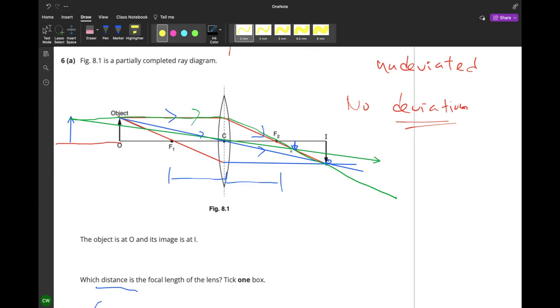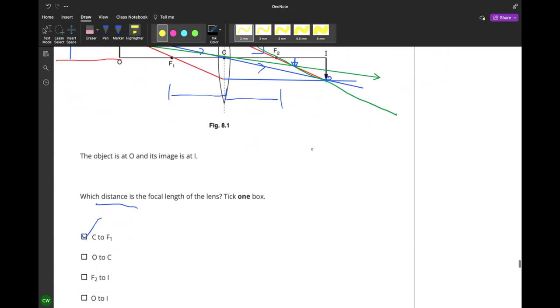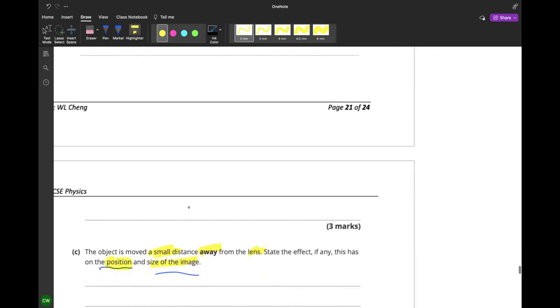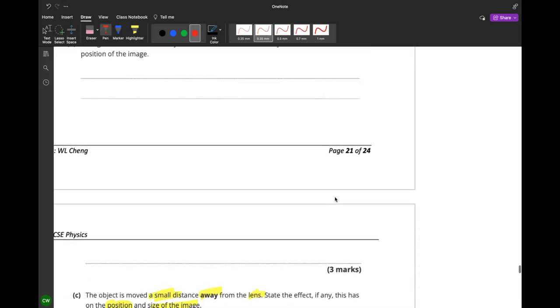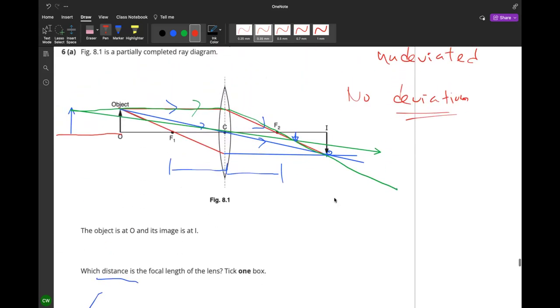Diminish. Correct. It's becoming diminished. What is the second thing that you have to say? What can we say about the position? How does it move? Closer to where? It's here now.